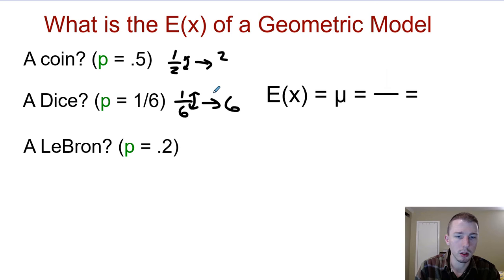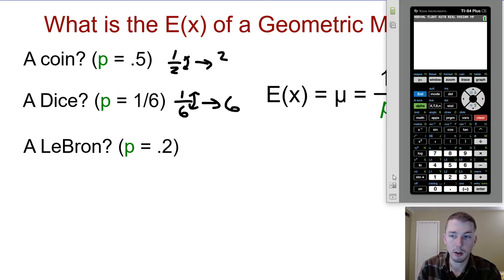It'll be a little more interesting to explain that in class so I can read your reactions. But here, what would we do for LeBron? Well, the expected value or the average for a geometric model is going to be 1 divided by whatever the probability is. And 1 divided by the probability is also to the -1 power, or the reciprocal power.